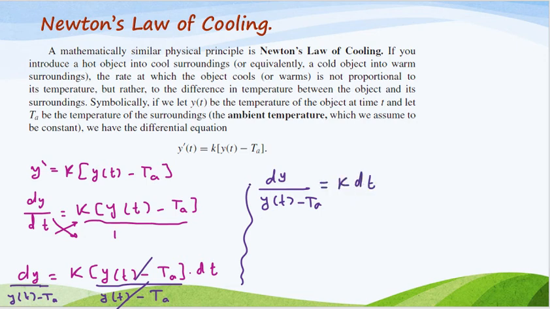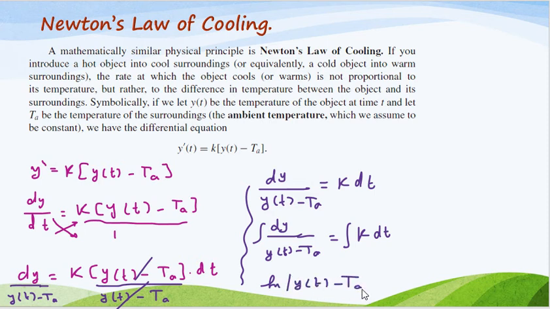The next step is to integrate both sides: the integral of dy over y of t minus Ta is equal to the integral of k dt. This gives ln of the absolute value of y of t minus Ta equal to k times t plus c.